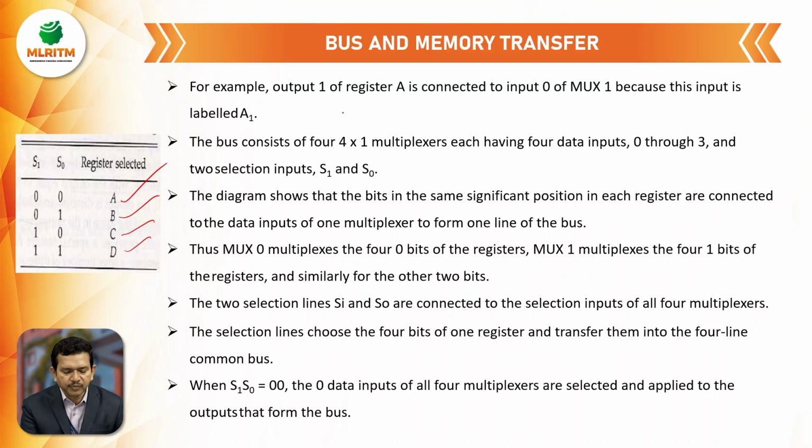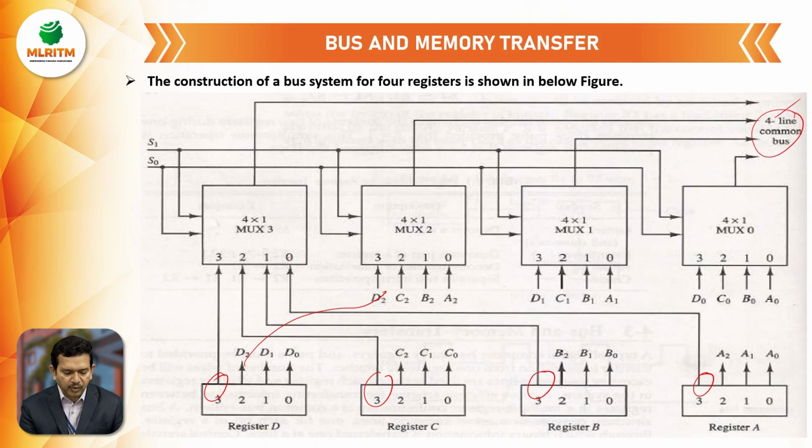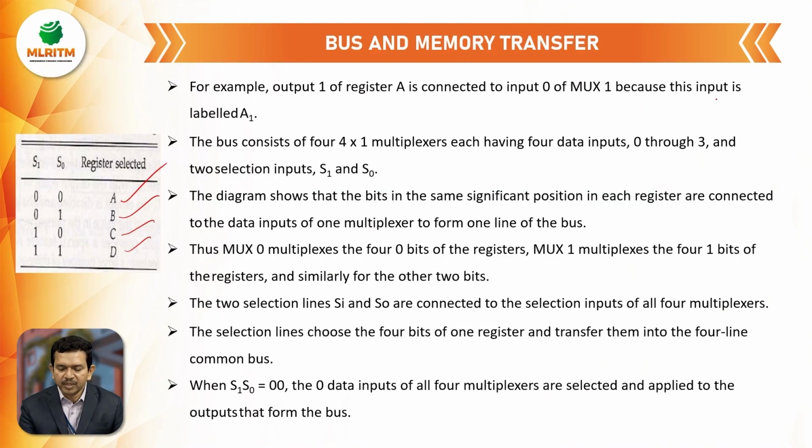Next, for example, output 1 of register A is connected to multiplexer 1, so the output is labeled as A1.